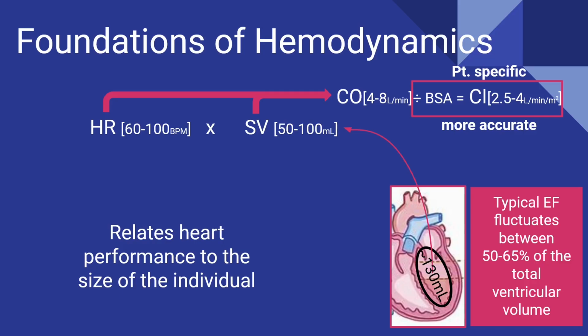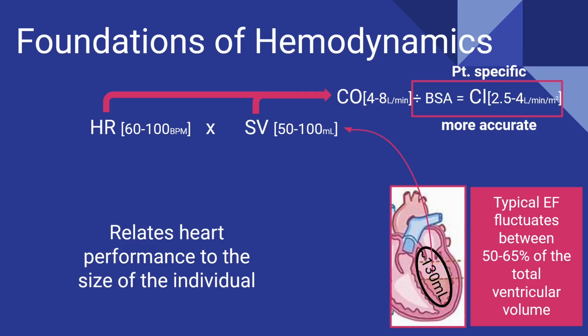And you can do that by dividing by their body surface area. Okay, they're not going to ask you this calculation on the test, but they're going to have two different values, and you need to know what this means. So cardiac output is just a blanket term, and cardiac index is a more accurate patient-specific value.